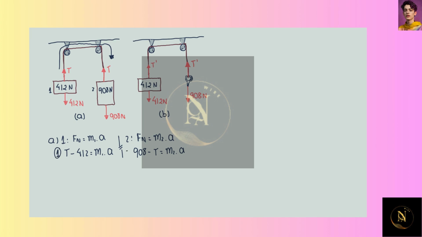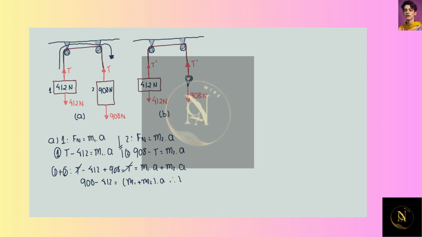Adding equations 1 and 2 gives T minus 412 plus 908 minus T equals m1 times a plus m2 times a. The tensions cancel, and we get 908 minus 412 equals (m1 plus m2) times a.